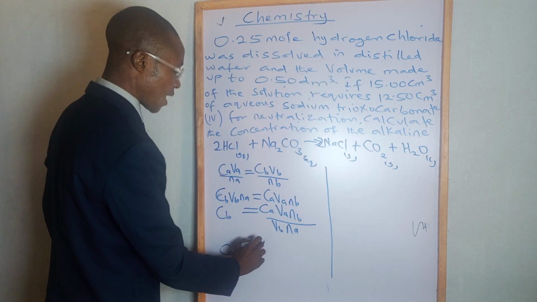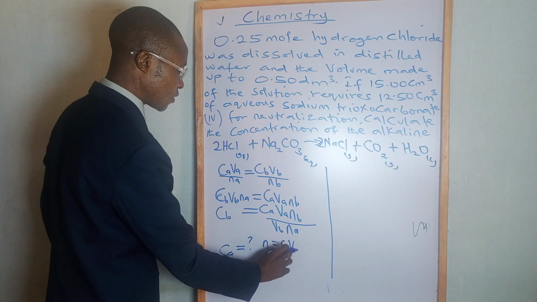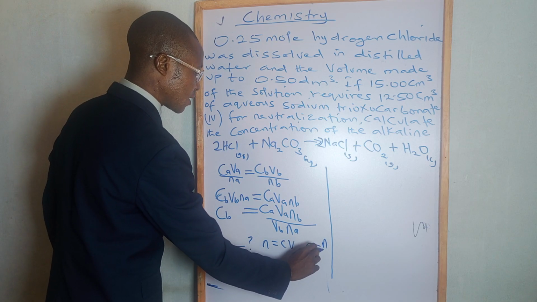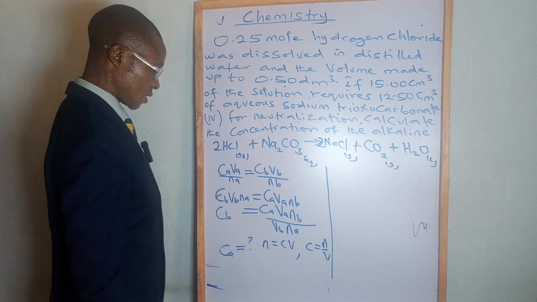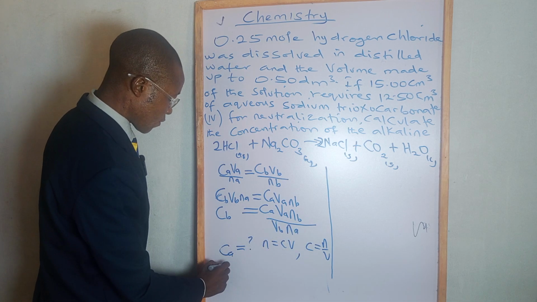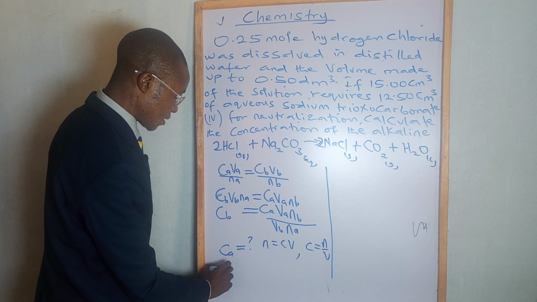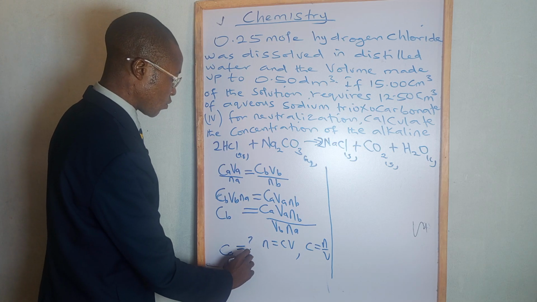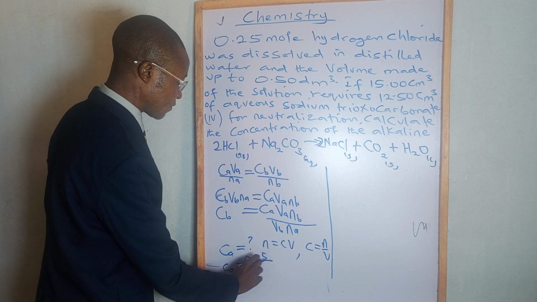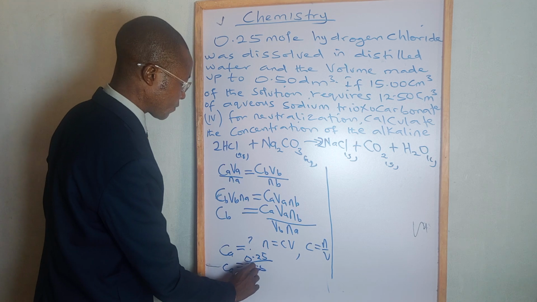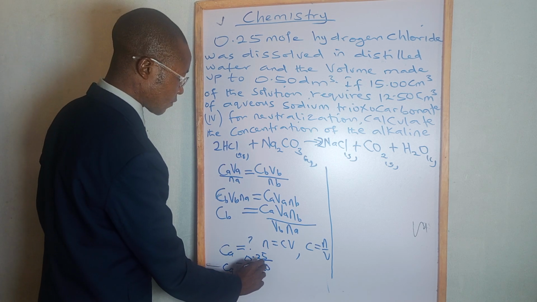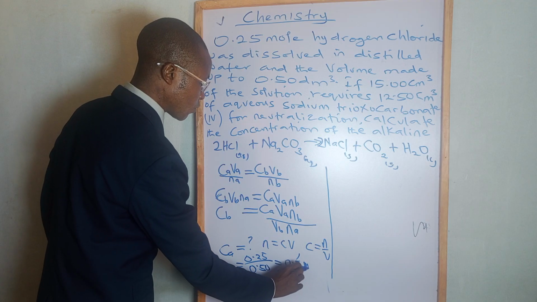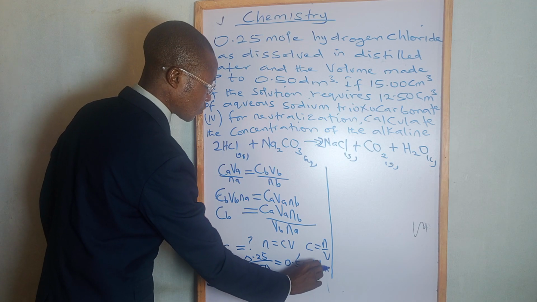From the formula n equal to CV, I can have C equal to n over V. So I can say my CA is equal to the number of moles, 0.25, divided by 0.50. If you do that very well, you are going to get 0.5 mole per dm³.